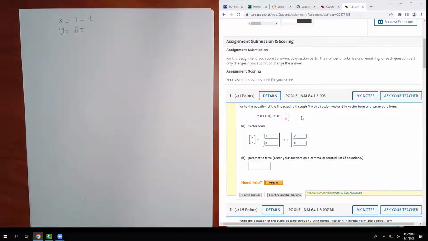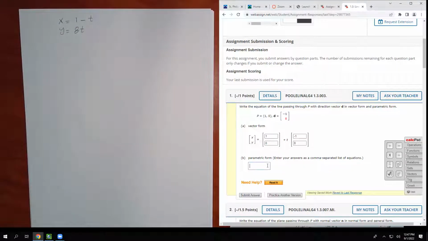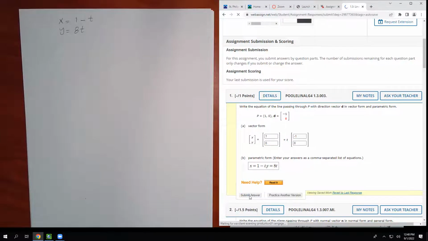So here, you're just going to write down the parametric equations, which is X equal 1 minus T, comma, Y equal 8T. That's it for this equation. But you have to put the comma because otherwise it's going to be wrong. Let's go to the next one.